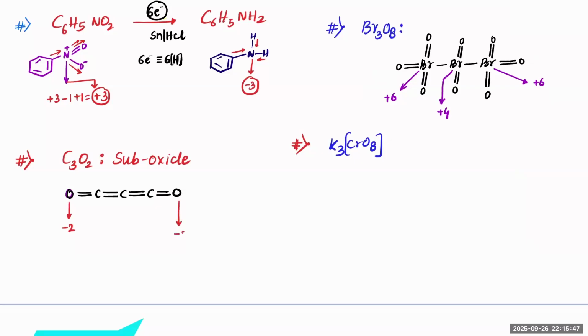This oxygen will have -2. While this carbon will have +2 because it is lost, and here it is +2. And this carbon will have 0 because it is surrounded by the same elements of same hybridization. Okay. So in suboxide, there are two oxidation states of carbon, 0 and +2.